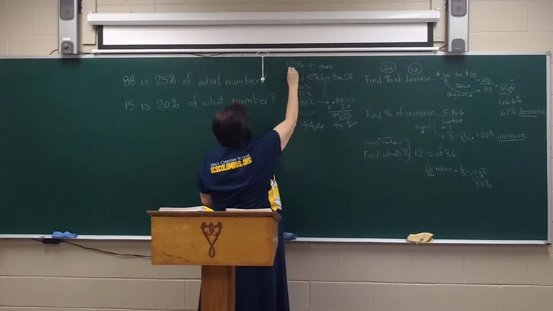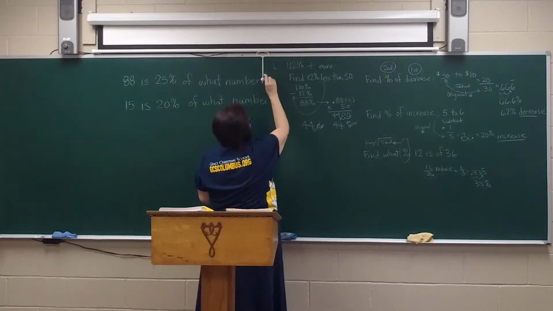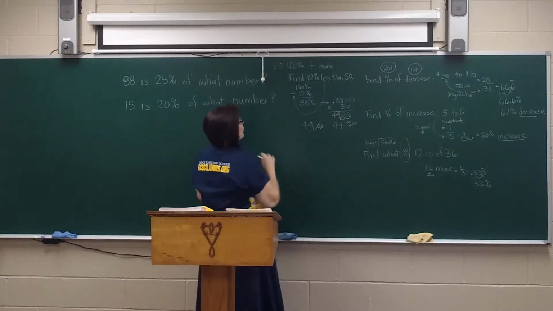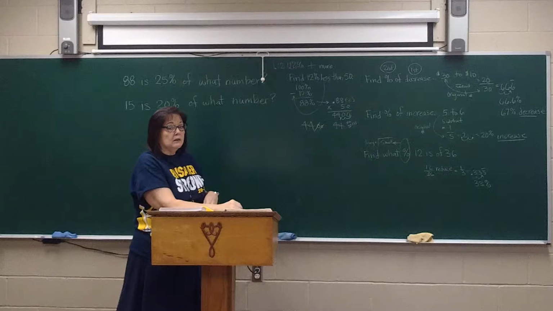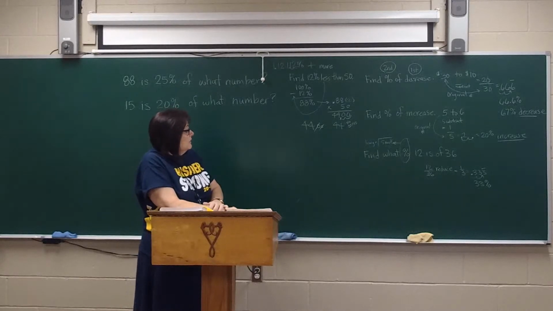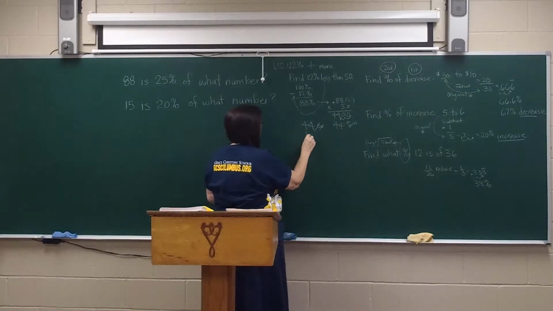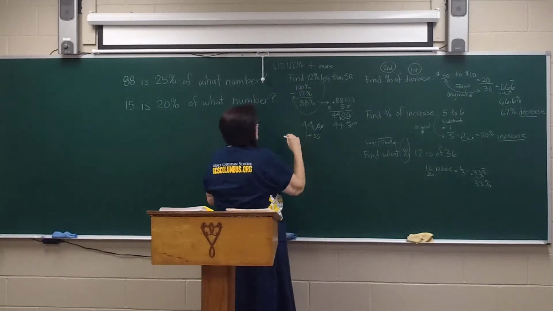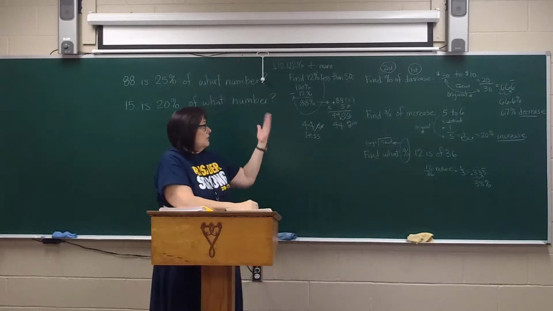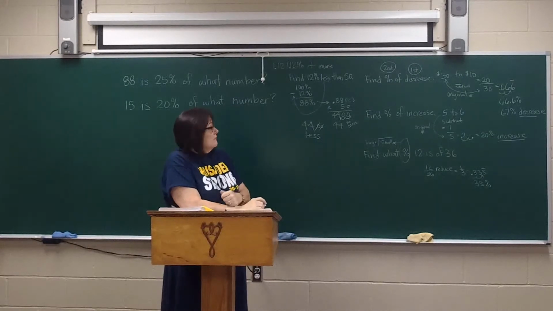Move your decimal over twice, and then you'd be multiplying by 1.12 times 50, and then you would have the more, okay? This is 44% less. This one would be, the answer would be whatever it is and more, okay? Look at the wording, find 12% less than 50, or find 12% more than 50. More you add, less you subtract, okay?